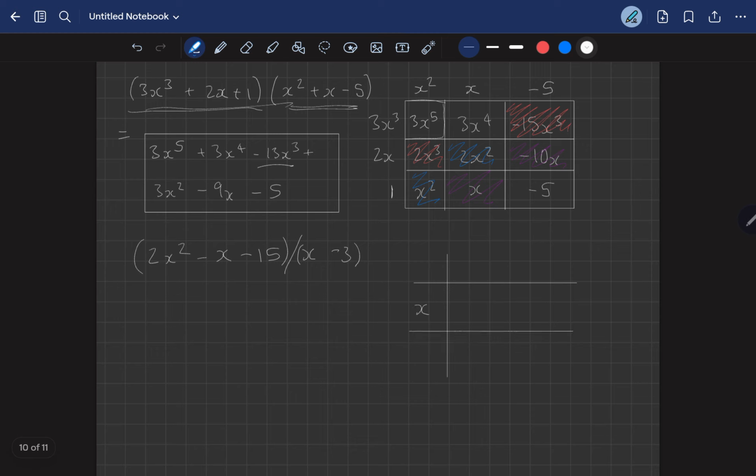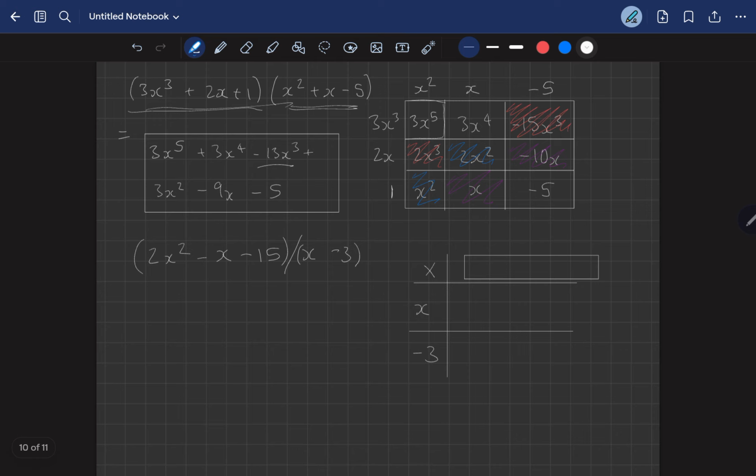So we have x over here and we have minus 3 over here. This is the multiplication. So x minus 3 along the side times whatever this thing is going to be gets us the terms inside of this grid. And the terms inside of this grid should add up to 2x squared minus x minus 15.